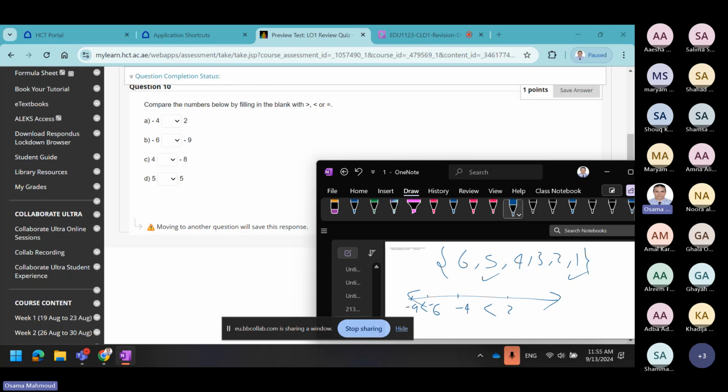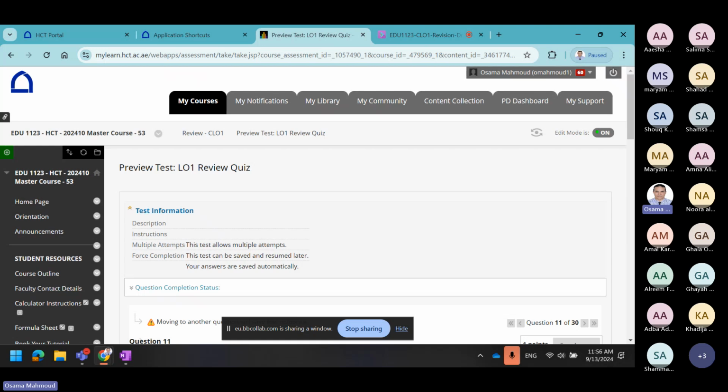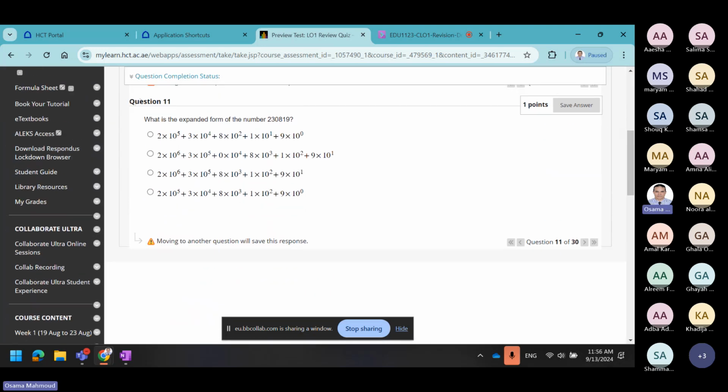Any positive is always bigger than any negative. So -4 is less than 2, -6 is bigger than -9. Be careful, this is negative because we are going to the left. Any positive is always bigger than a negative value. 5 is equal to 5, right? So you can judge that by the real line.